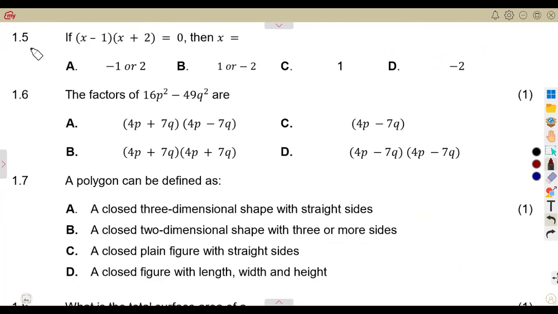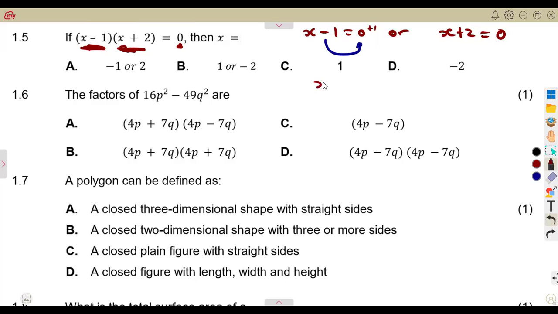Number 1.5, if x minus 1 times x plus 2 is equal to 0, then x is what? Remember, for these two brackets to be equal to 0, one must be equal to 0. So x minus 1 must be equal to 0, or this other bracket of x plus 2 must be equal to 0. So what will be x? Take this minus 1 to the other hand. It will be a plus 1 here.